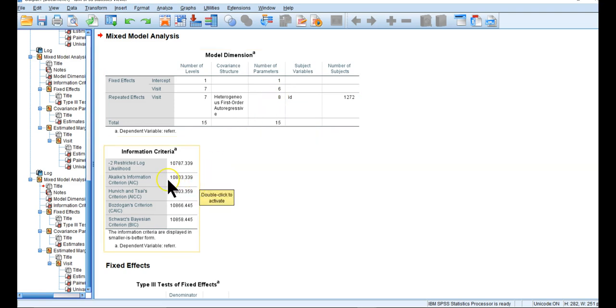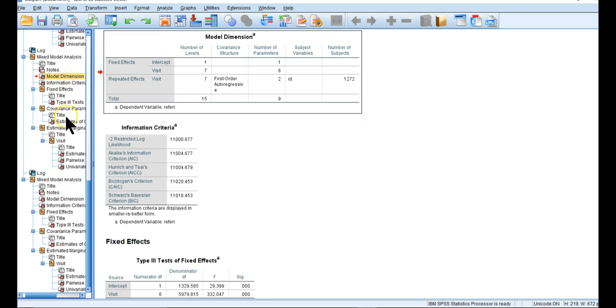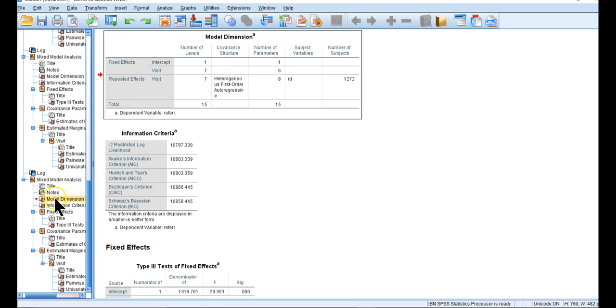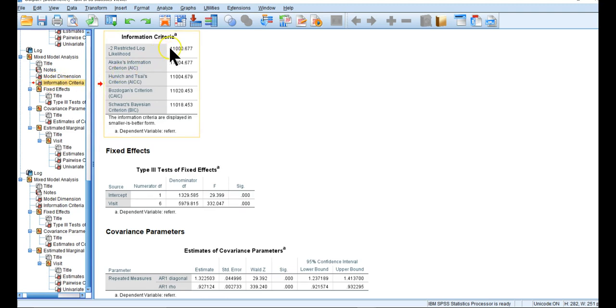But we look at our AIC and it's 10,800. Now, we went from 2 parameters to 8 parameters, but we didn't really gain all that much. We went to 10,800; before we were at 11,000. So we gained about 200 points, which is a gain, but it's not very much considering how many more parameters we had to add.